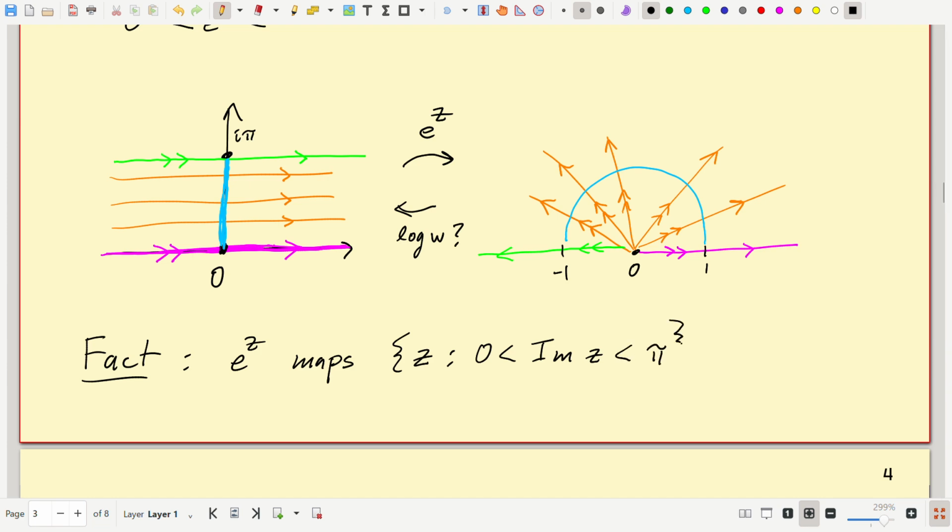That's an open set. It's connected, so that's a domain. One-to-one onto. There's exactly one point that gets mapped to each point. One-to-one onto the upper half plane.